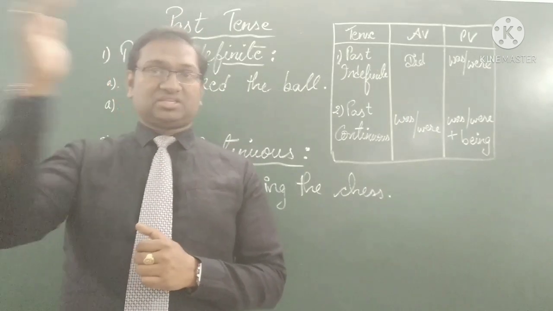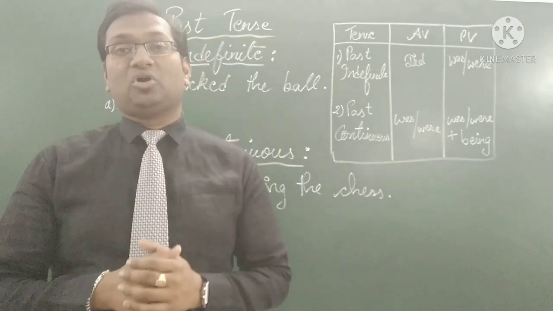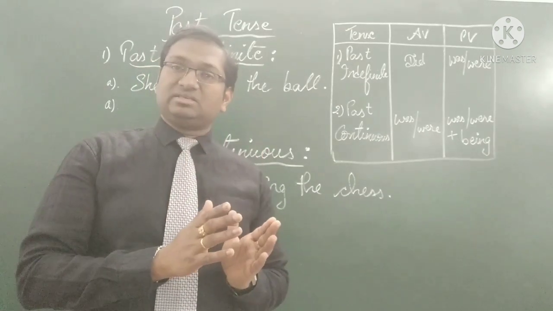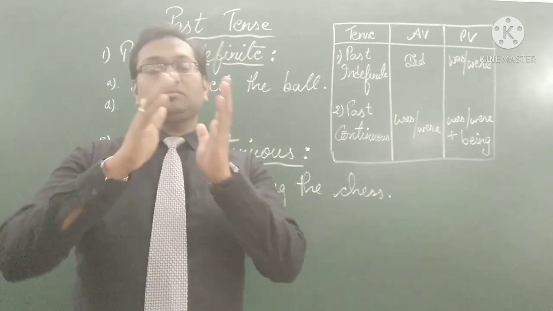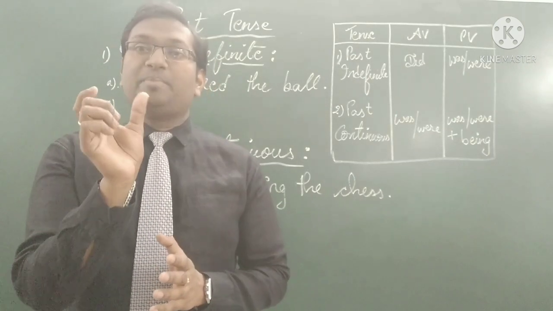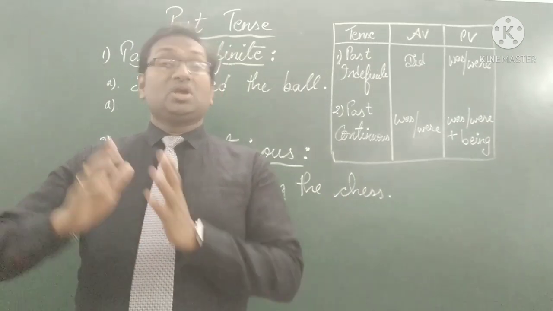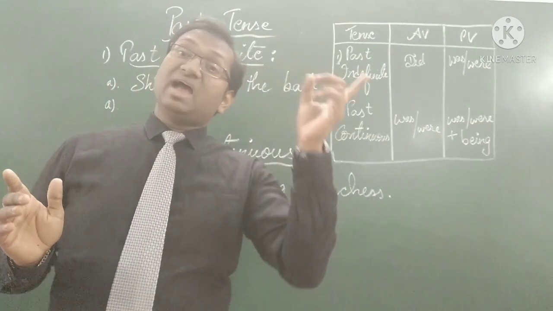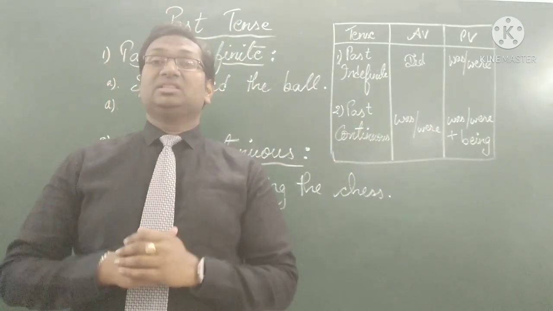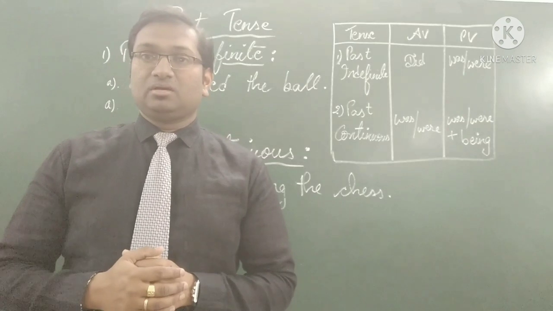Always remember, dear children, that we are going to use only the third form of the main verb, not the auxiliary. So: passive subject plus third form of the verb plus the word by. This by is important. Plus the subject of active. The active subject will come at the end in the passive voice, after by.